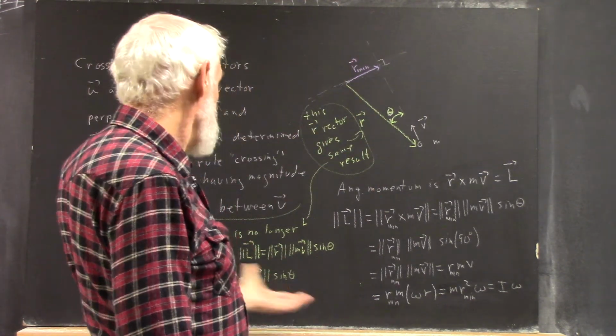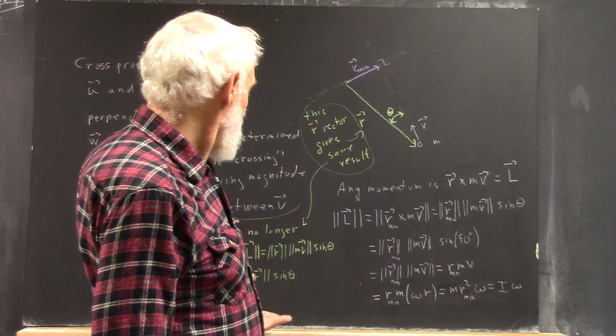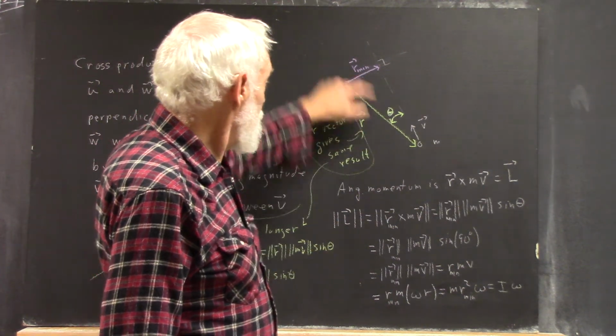So the point is, and this should be completely obvious at this point, that this magnitude of r sine theta is just this.